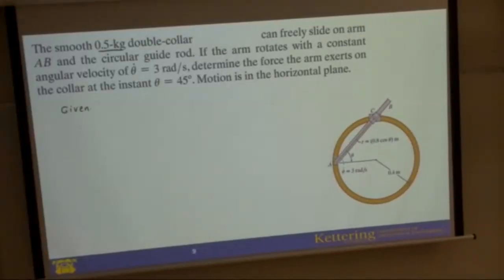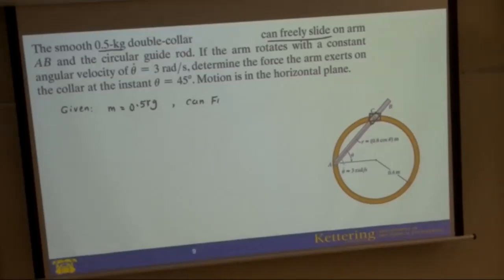Now, for this problem, the mass of both collars, this one and this one, is given as 0.5 kilogram. It can freely slide. What does it mean? No friction.